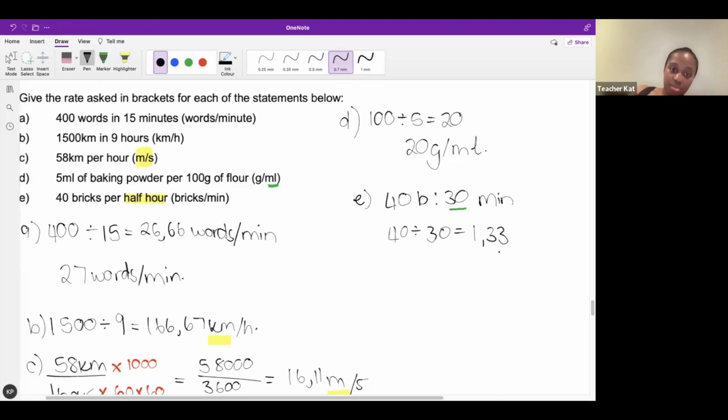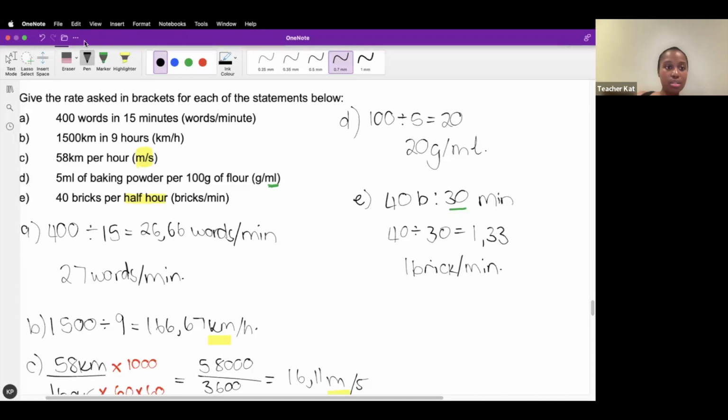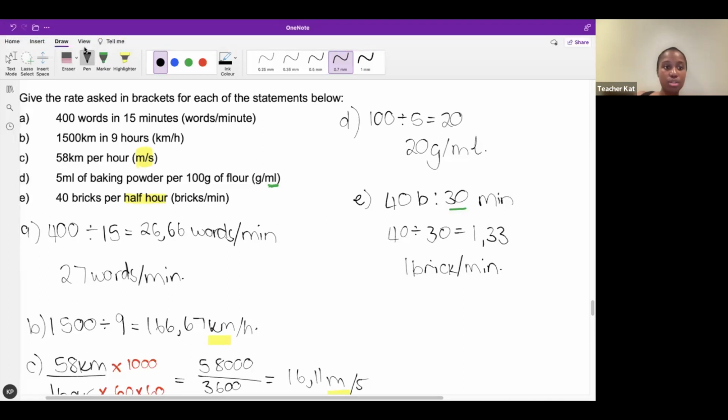Well, a 0.33 of a brick? No, so we round it off to? No, not 2, 1 brick per minute. Wonderful. Okay, let me zoom out so we can take our screenshots.